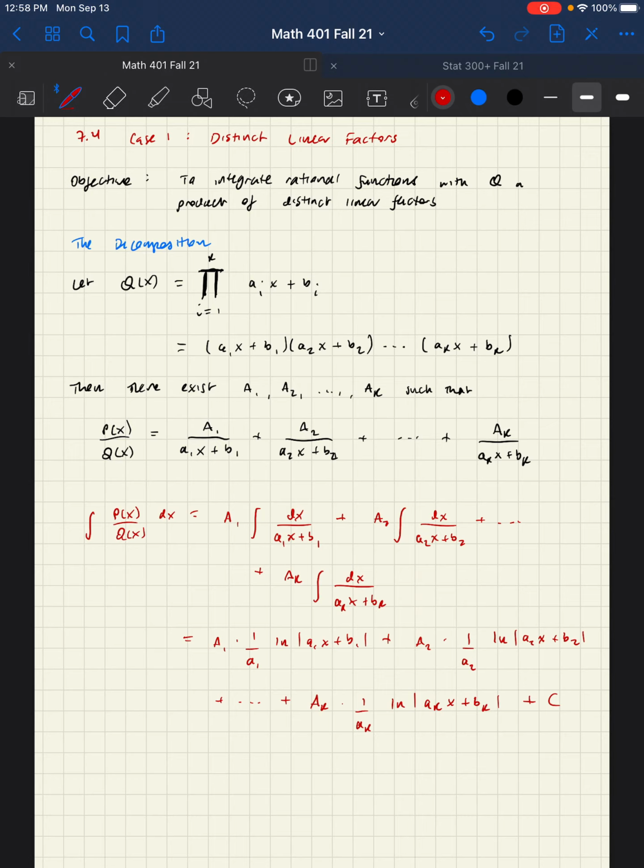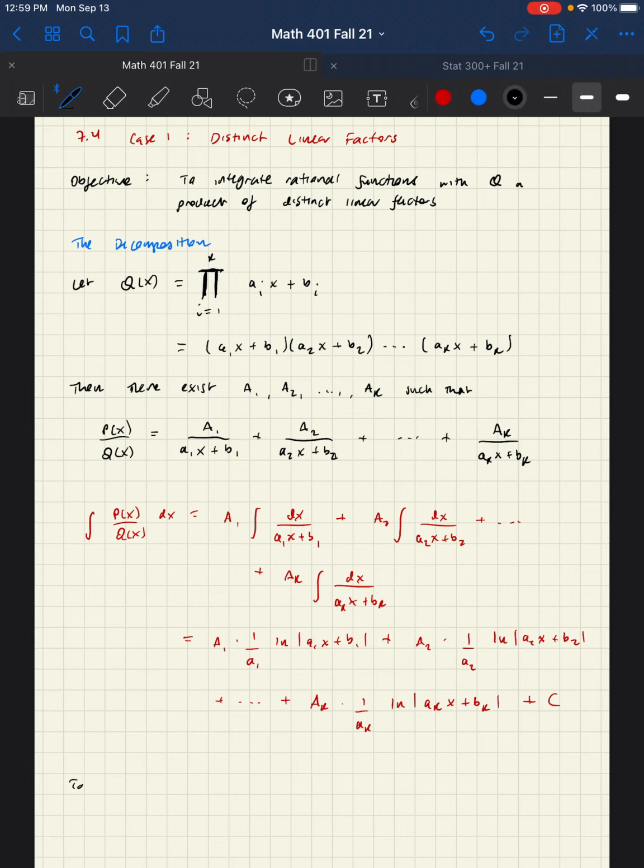So the stuff that I've written in red so far is basically the payoff, what we get from transforming a question of integrating a rational function into integrating simpler rational functions and using the natural log rule for integrals. Okay, so the hard part here really is finding the A's.